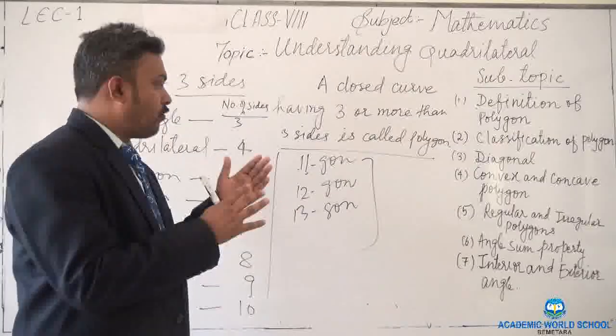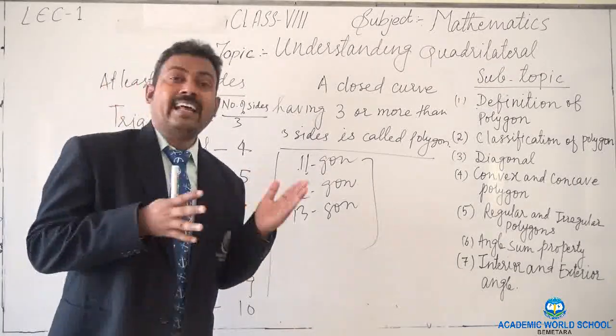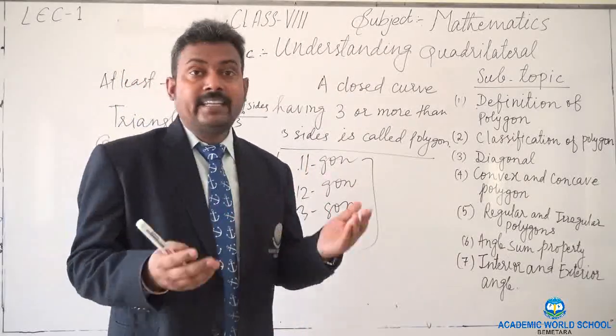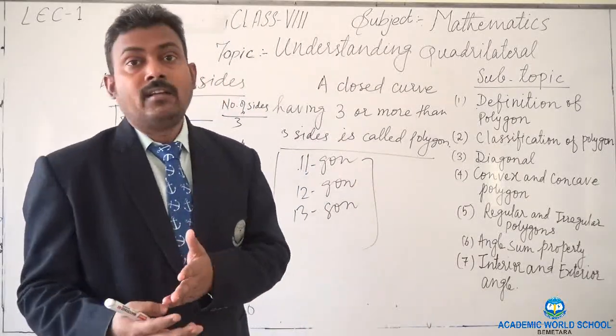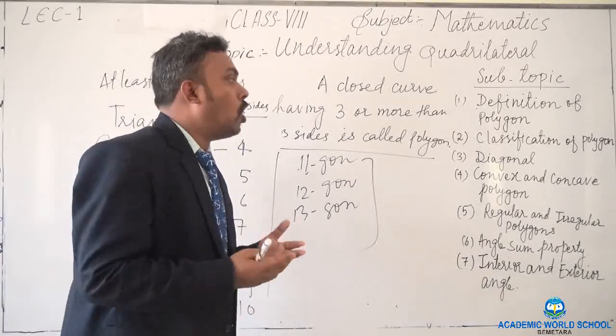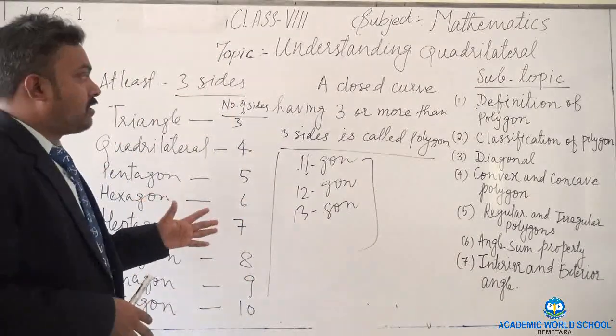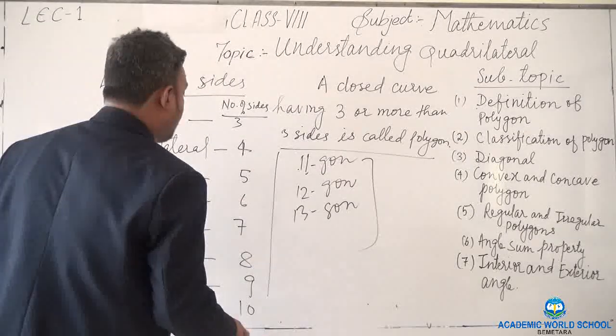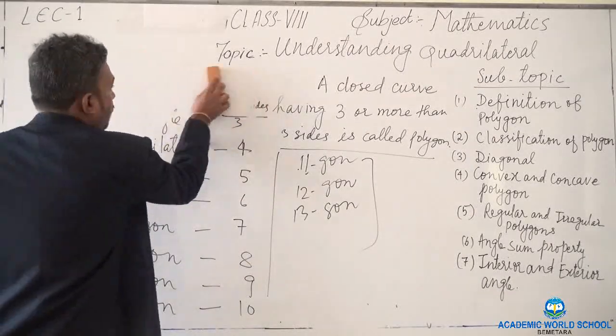So 11 gon, 12 gon, 25 gon, or 99 gon. If a polygon has 99 sides, we will call it 99 gon. This is how we classify a polygon on the basis of number of sides.